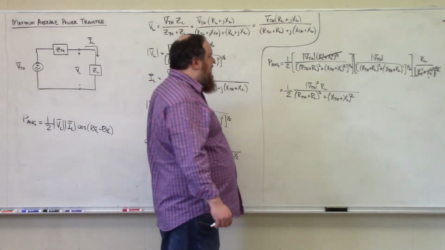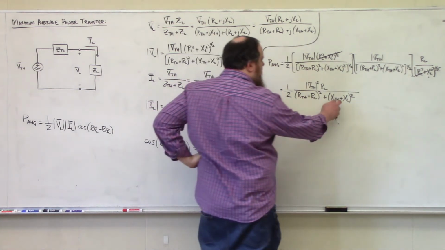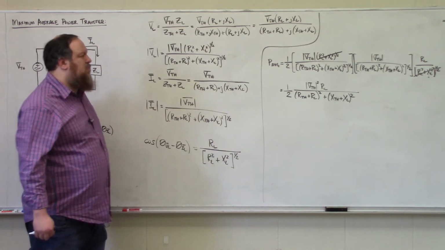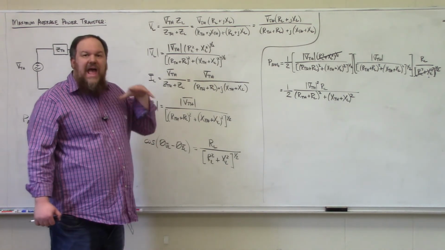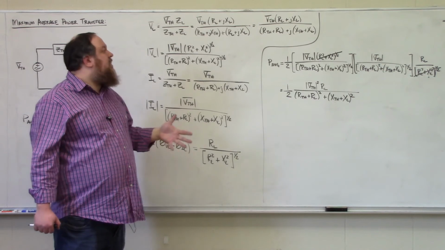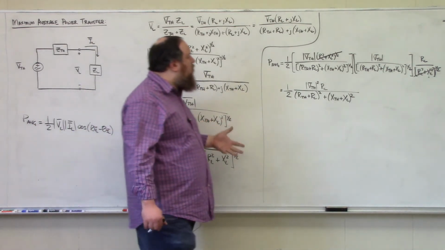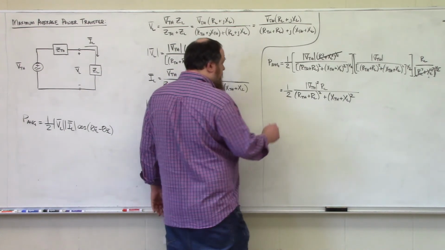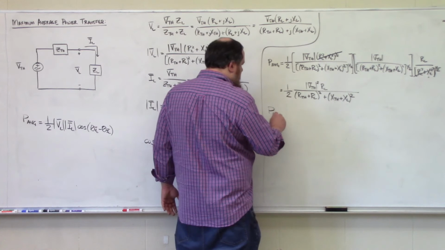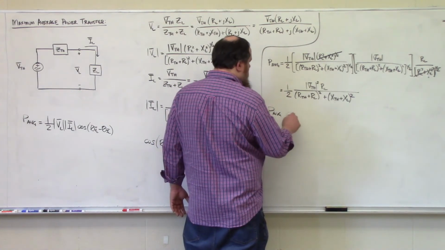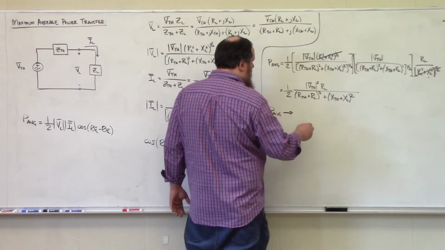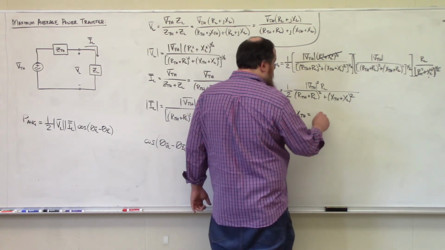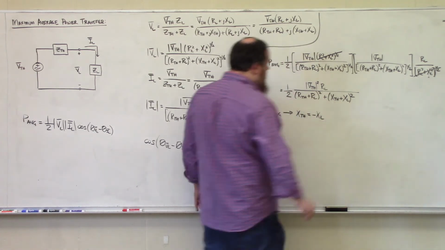And so what I mean by that is we can observe that the reactive portion, or the reactance portion of our impedance, does absolutely nothing to make our average power increase. So we will have a maximum average power, P average max, that depends on XTH being equal to negative XL.